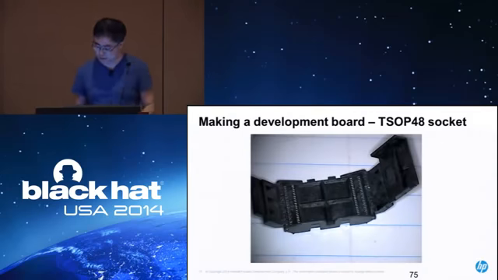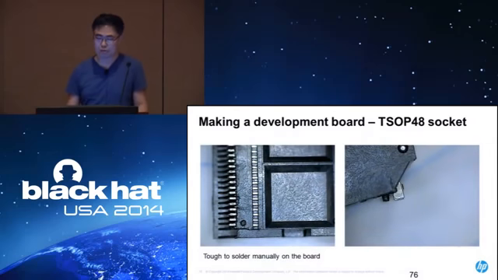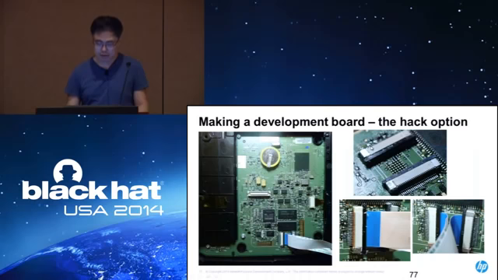So the last part here, we have only 3 minutes. Maybe this one is from some commercial option. You can buy this, and if you put it on the board, actually you can mount the flash directly. But this one is really hard to solder because of this angle here. And so I came up with some development board.